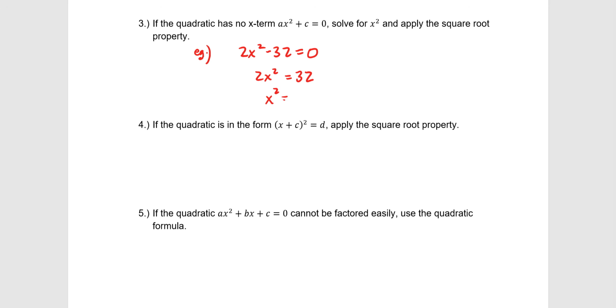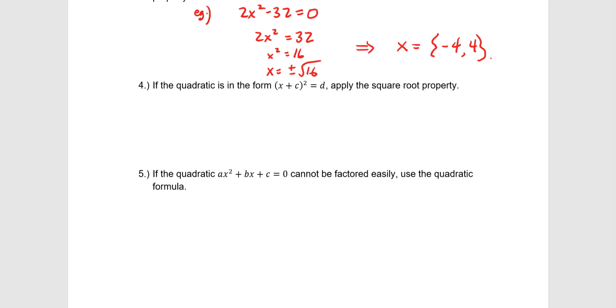Divide both sides by 2 and get x squared equals 16. When we take the square root of both sides, we get x equals plus or minus the square root of 16, which gives us plus or minus 4. So -4 and +4 for that one.